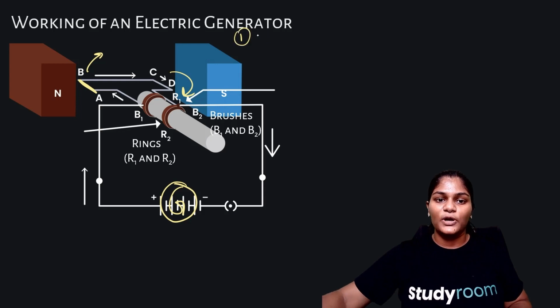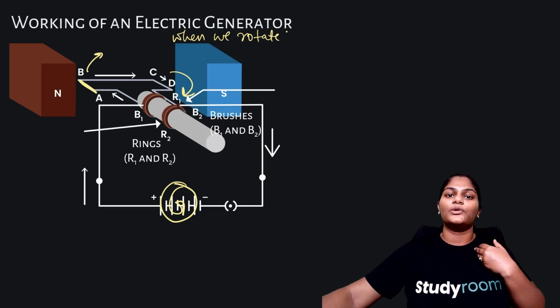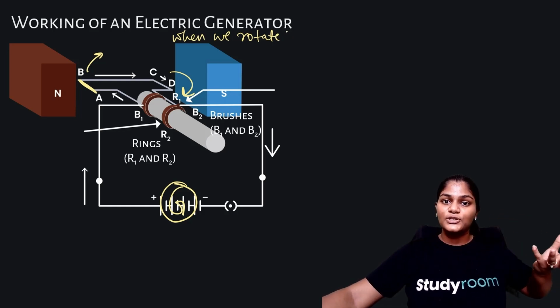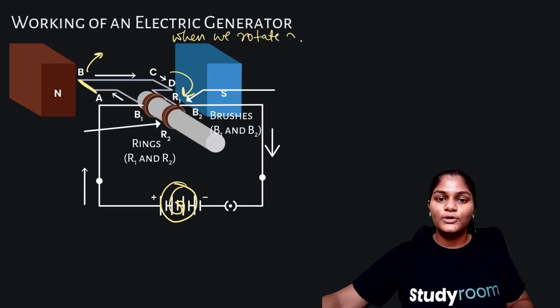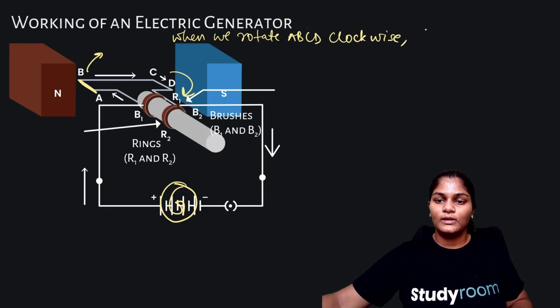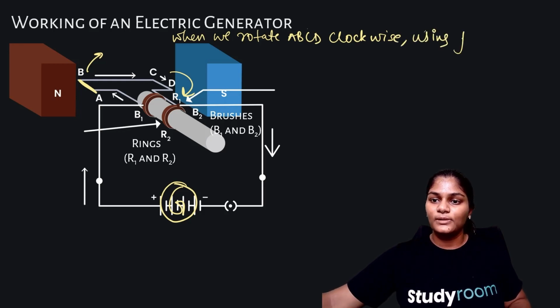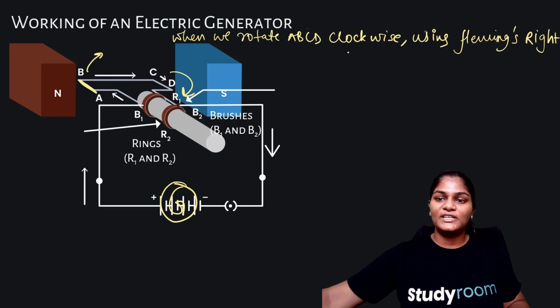Okay, let's write what we are actually doing. When we rotate the coil, I hope this is clear to you why we are rotating the coil: we are providing the mechanical energy and we want to generate electrical energy. So that's why we are moving the coil. When we rotate ABCD clockwise using Fleming's right hand rule, I keep saying left hand, please don't get confused.